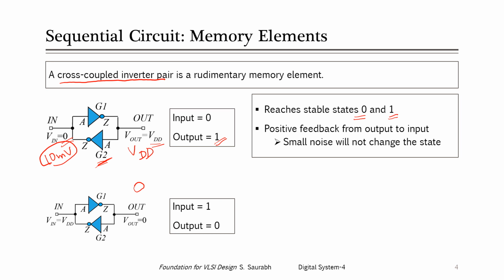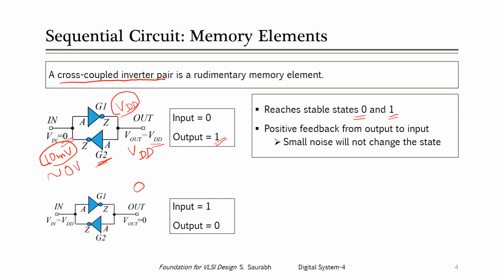The output produced by this cross-coupled inverter pair will be around VDD, a logic 1 at the output, and because of VDD at the input of G2, G2 will produce an output voltage very close to 0 volt.